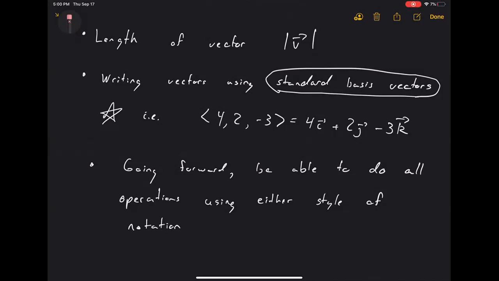Should you use the hat? Sometimes you can use this notation as well, a hat for the basis vectors, putting a hat over the i. If you want to use that, that's fine.